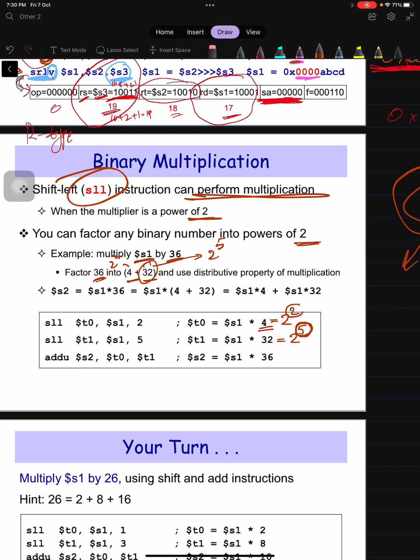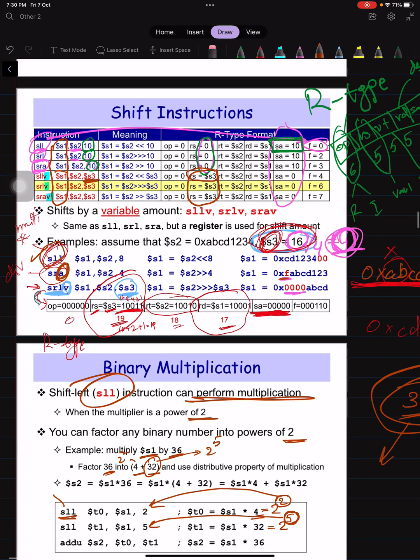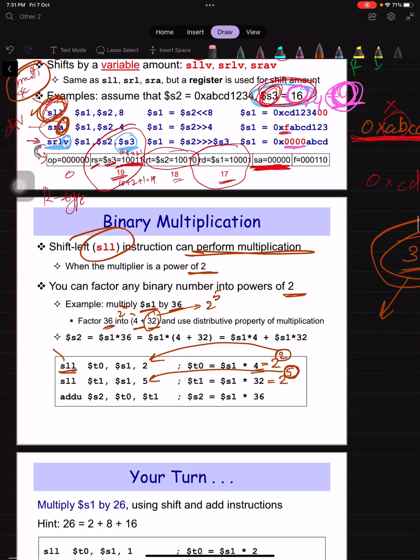That's why we are writing this here. Shift to the left is multiplication. I already said that shift left by 1 is multiplying by 2. If we shift to the left by 2, we are multiplying the number by 4, and so on and so forth.